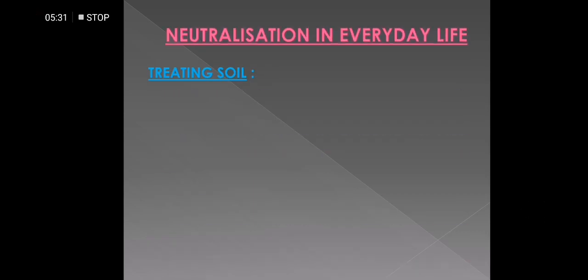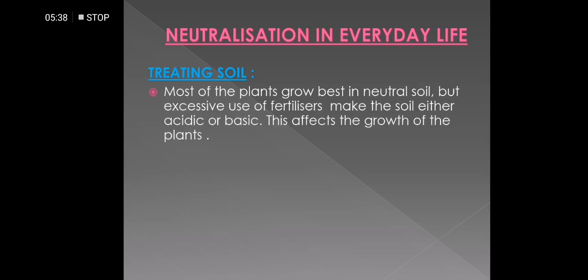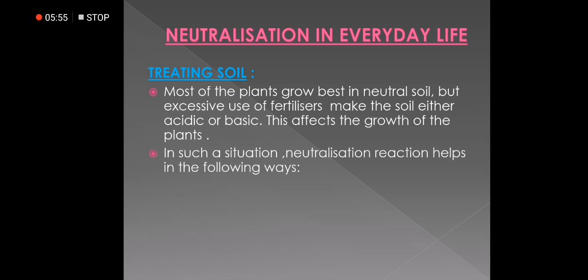Another example of neutralization in everyday life is the soil treatment. When the farmers use excess of fertilizers, the soil may turn more basic or more acidic. This kind of soil is not fit for the growth of the plants. So, to make the plants grow in a healthy manner or to make the soil more fertile, the excess basicity or acidity should be removed.